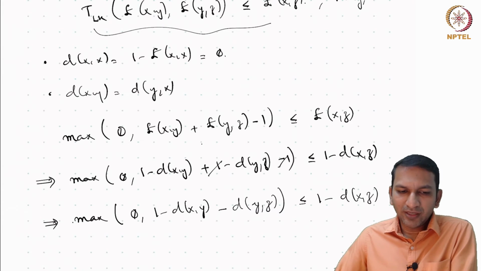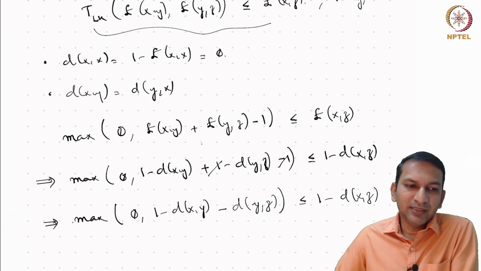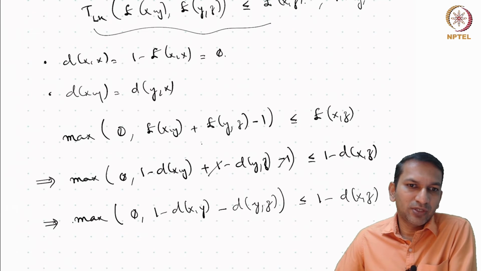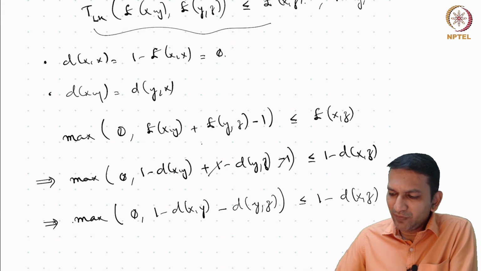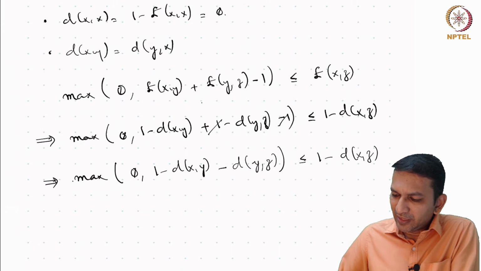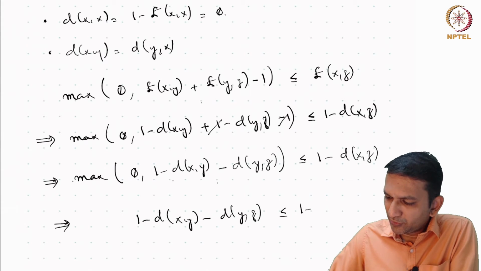Now note that d is 1 minus e. So this is a function from X cross X to [0, 1]. So this is always greater than or equal to 0. So now here either it is greater than or equal to 0 or greater than or equal to this value. So which means from here we get 1 minus dxy minus dyz is less than or equal to 1 minus dxz.